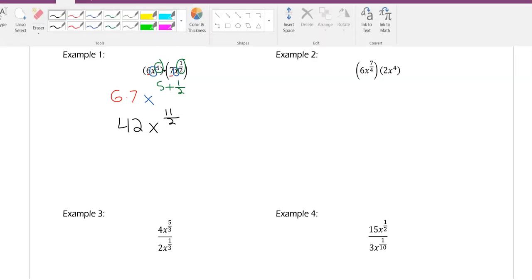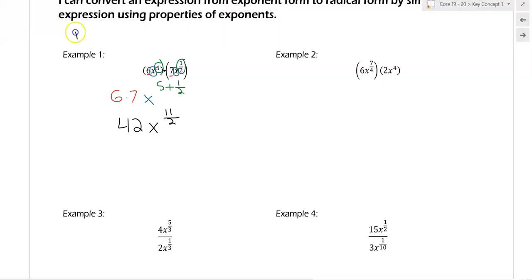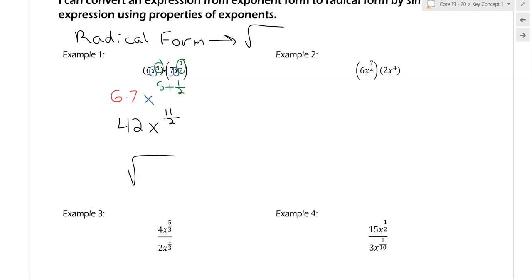Now, I do want to switch these to radical forms. And remember, radical form means you have that, right? So, there we go. Here, there's no parentheses. So, I'm going to bring that 42 down in front.